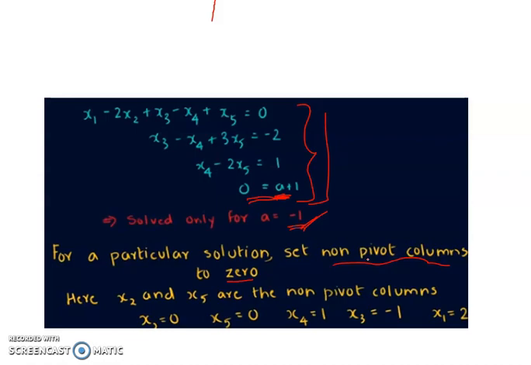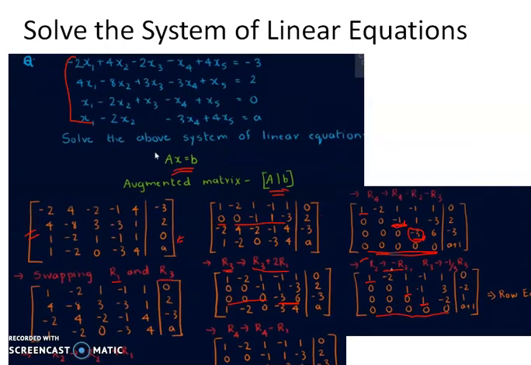From the example, we can say that the first column will be representing the variable x1, second column x2, third column x3, fourth column x4, fifth column x5.